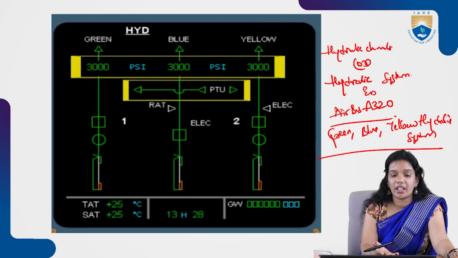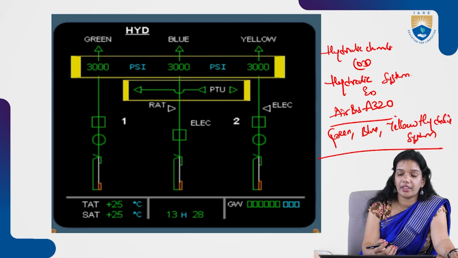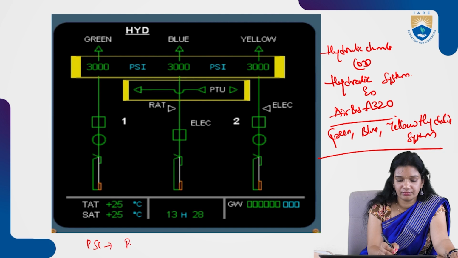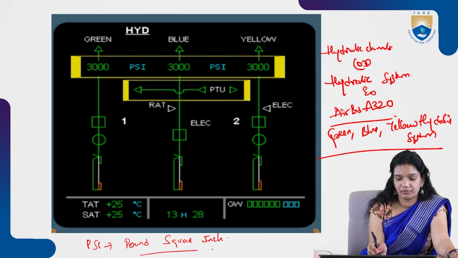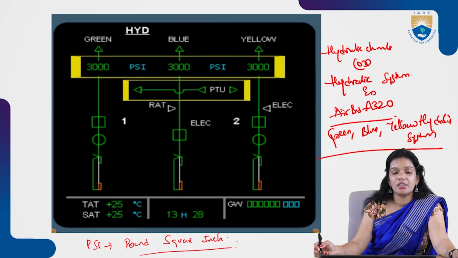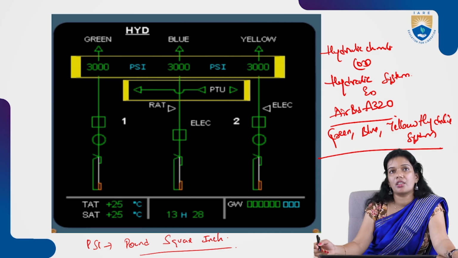Then you have a blue channel as well. Psi means pounds per square inch, right? So the pressure limits are 3000 for the green channel system, 3000 for the blue channel system, 3000 for the yellow channel system, right?